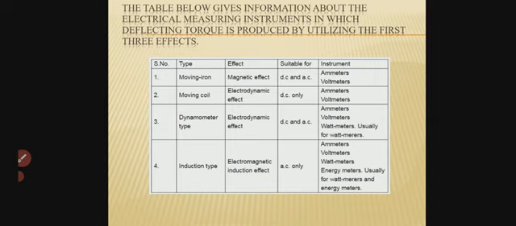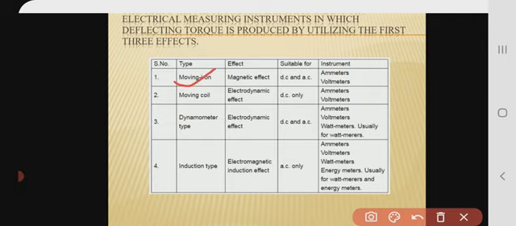First, the moving iron type instrument. Magnetic effect is utilized in moving iron type instruments, and it is suitable for both DC and AC supply.